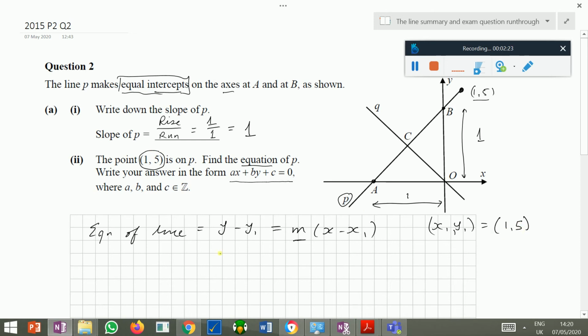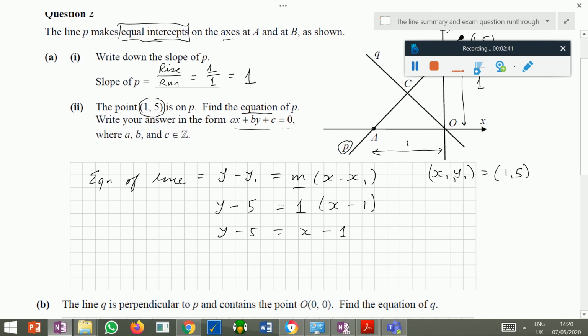So we put those values in. y minus 5 is equal to m, which we found to be 1, times x minus 1. y minus 5 is equal to 1 times x, which is x, and 1 times minus 1, which gives you minus 1. We move everything over to the left-hand side. You get minus x plus y minus 5 plus 1 equals 0. Minus x plus y minus 4 equals 0.